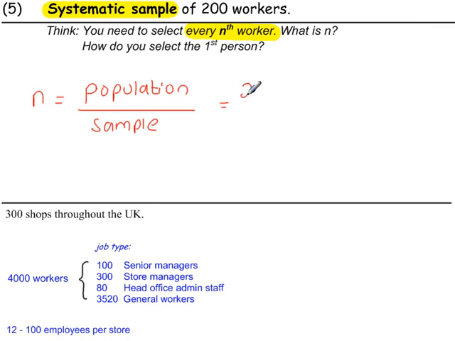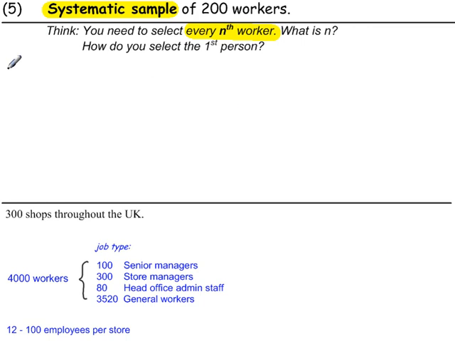And in our case here, our population size is 4,000 divided by 200, which gives us 20. That value 20 will be used for two things. It tells you where to start in the population, so who's your first person that you're going to select, and we know that we're going to select every 20th person thereafter. Okay, so n is equal to 20.